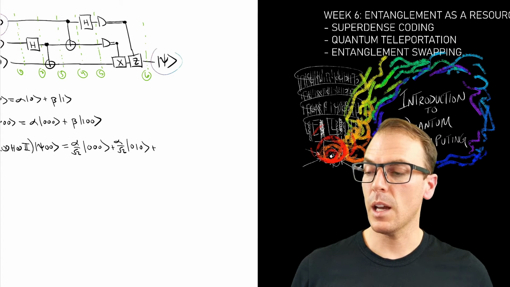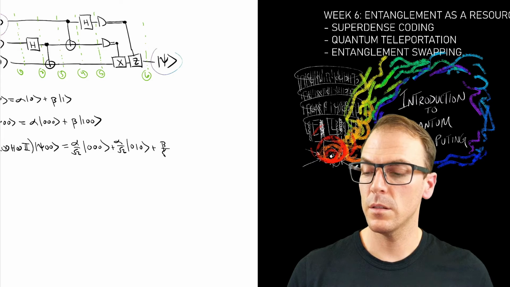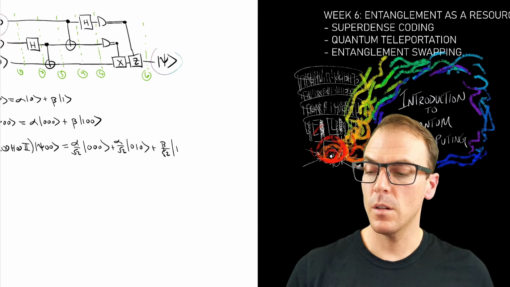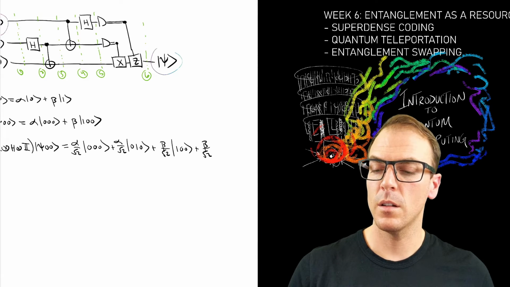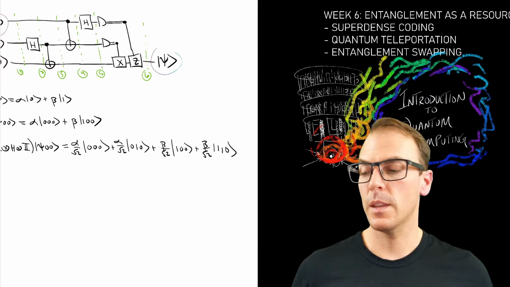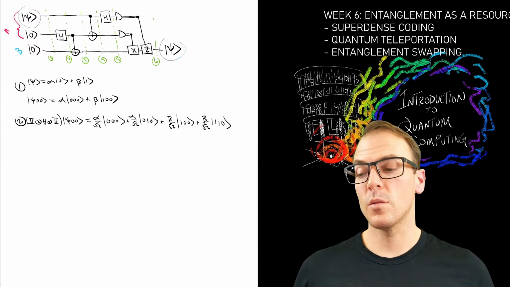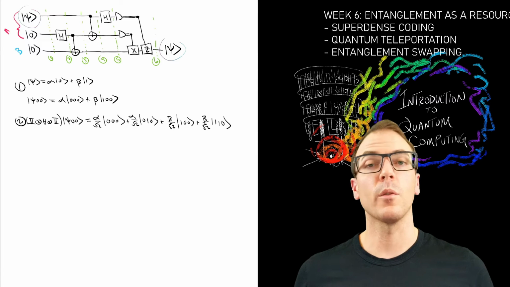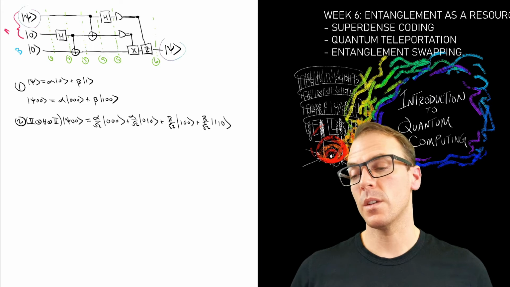And a similar thing happens over here. We have beta 1, 0, 0 plus beta 1, 1, 0. Okay, so that Hadamard took that 0 to 0 plus 1 with the 1 over root 2 factor. And so in each of these terms, we kind of expanded things out.